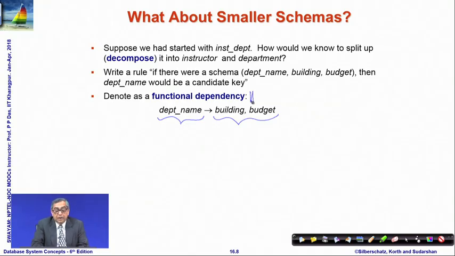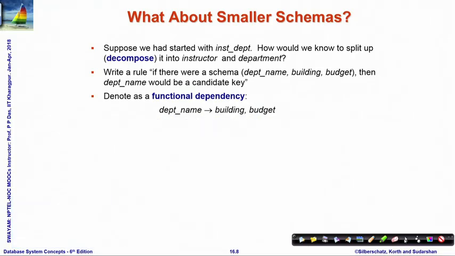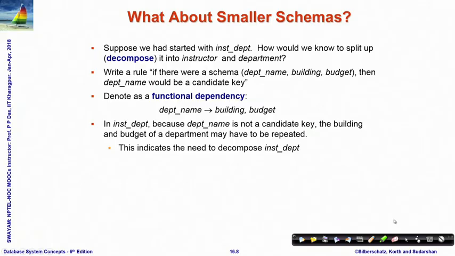We say that the building and budget is functionally dependent on the department name, and that is a situation where we can split this inst dept and create a smaller relation, because department name is not a candidate key in the inst dept relation.